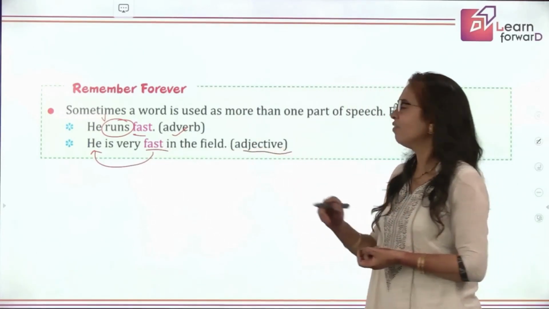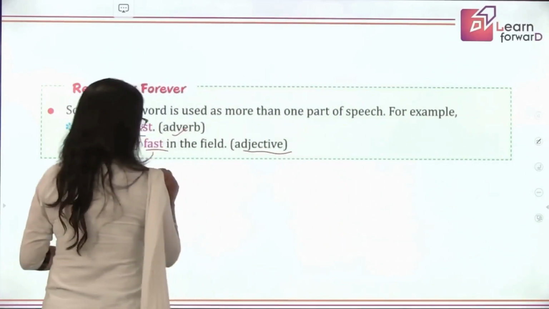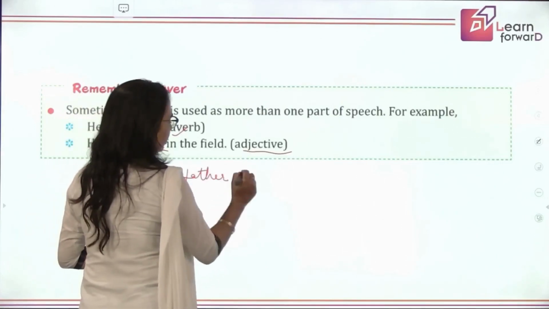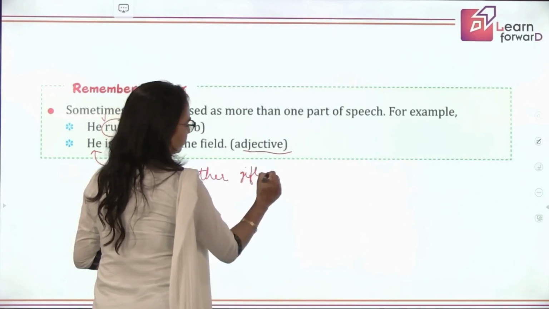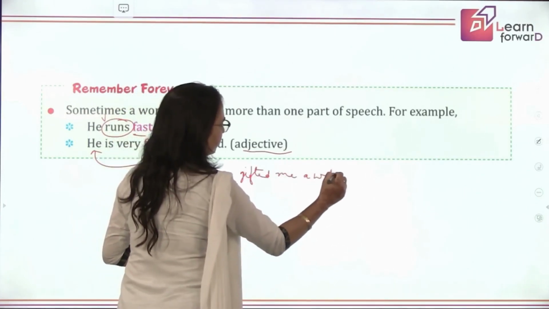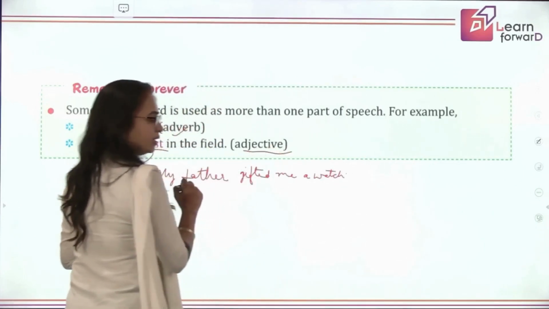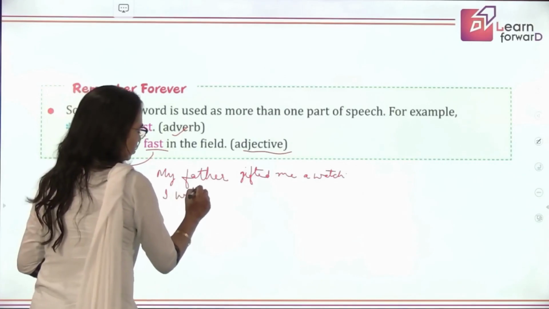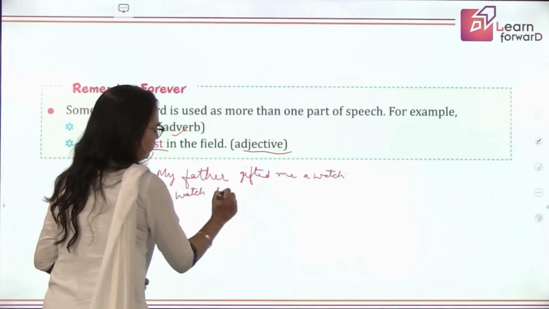Similarly, we can have another example. See, my father gifted me a watch. Right? And another sentence is, I watch too much TV.